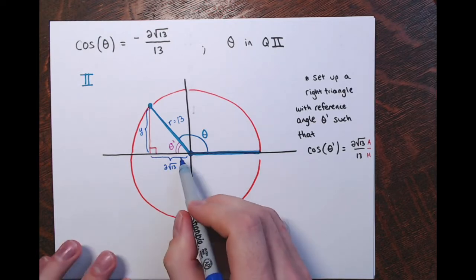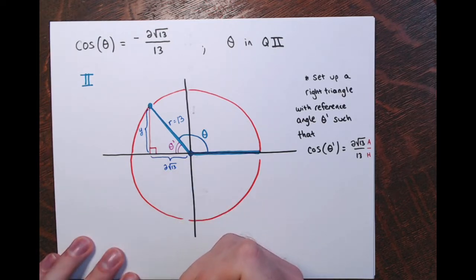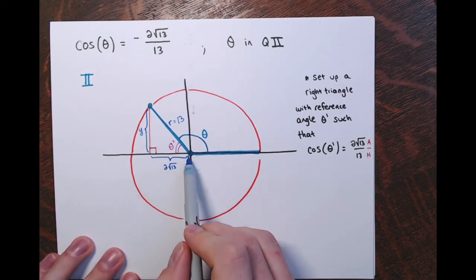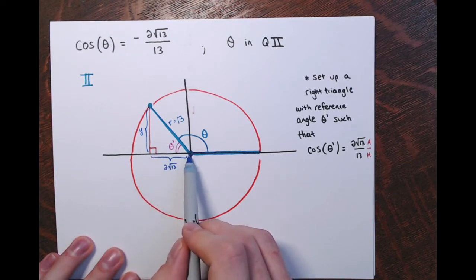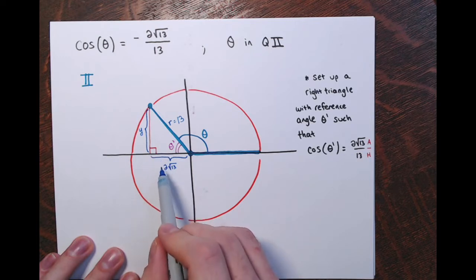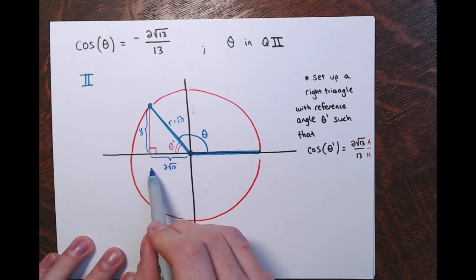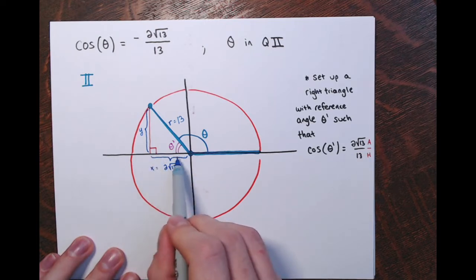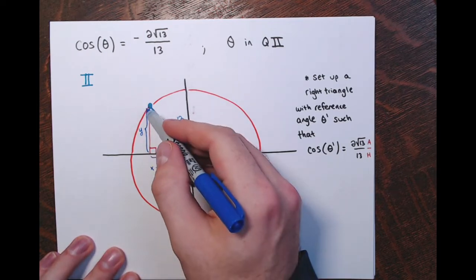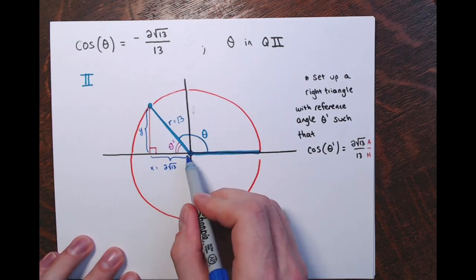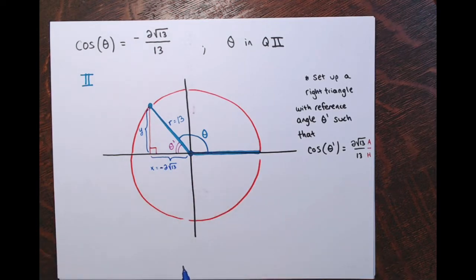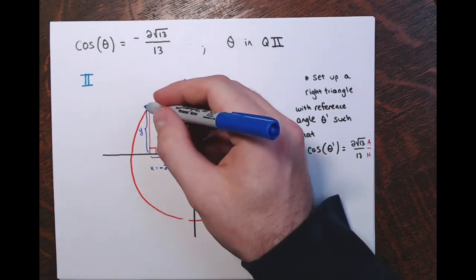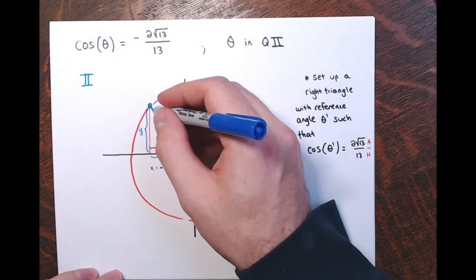Now, something I like to do to make things easier on myself: since this horizontal distance is to the left of the origin, this is a negative x. I want the horizontal length to represent the x coordinate of the point that I'm at, so it would be a negative x coordinate. I'll say this is negative 2 root 13. The y coordinate I don't know, and the radius is always positive.